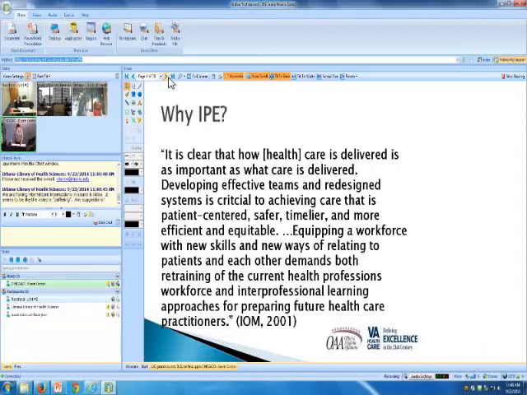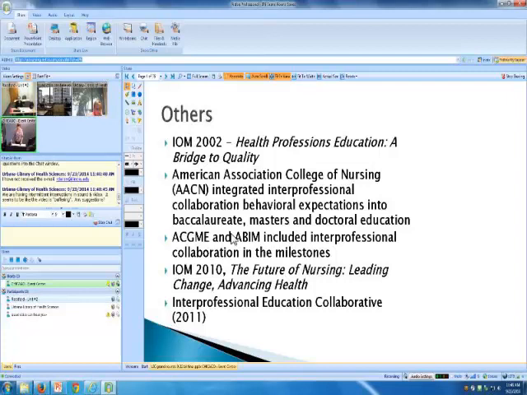Some other documents came out more recently. After that Quality Chasm report, the IOM came out with Health Professions Education: A Bridge to Quality, again stressing patient-centeredness and interprofessional education. The American Association of Colleges of Nursing integrated interprofessional collaboration behavioral expectations in the BSN, Masters and Doctoral Essentials.